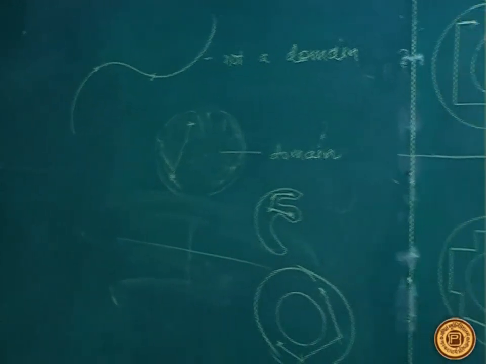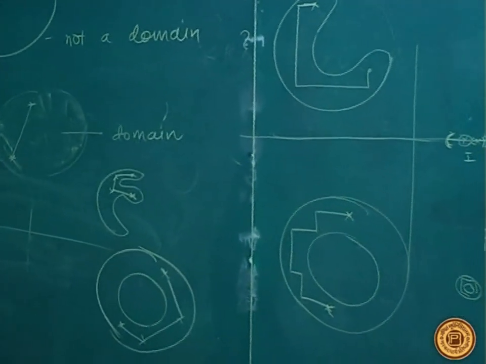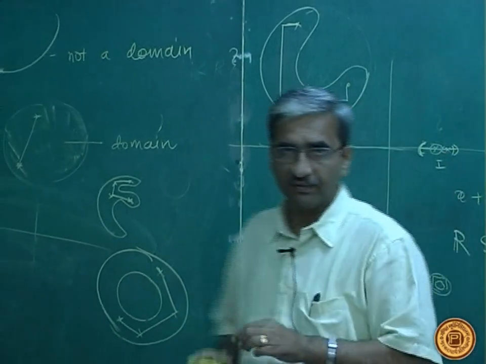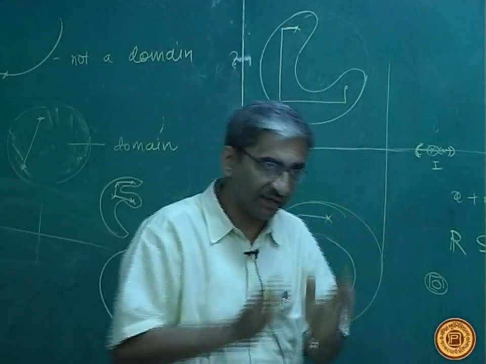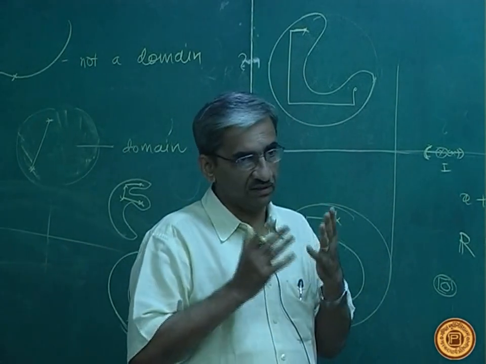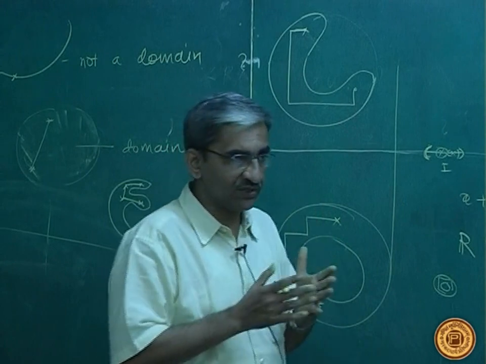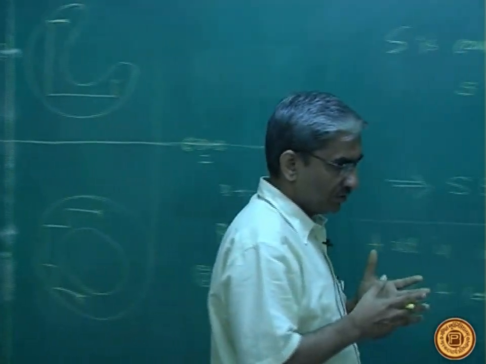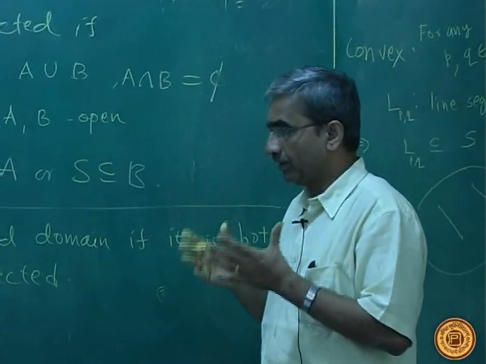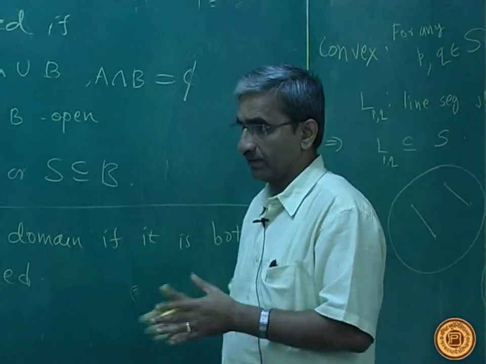So here the openness of the set is coming into the picture. The facility we have is that the sets under consideration are open and also connected. So therefore we are putting both these conditions together, that the domain of definition should be both open and connected.